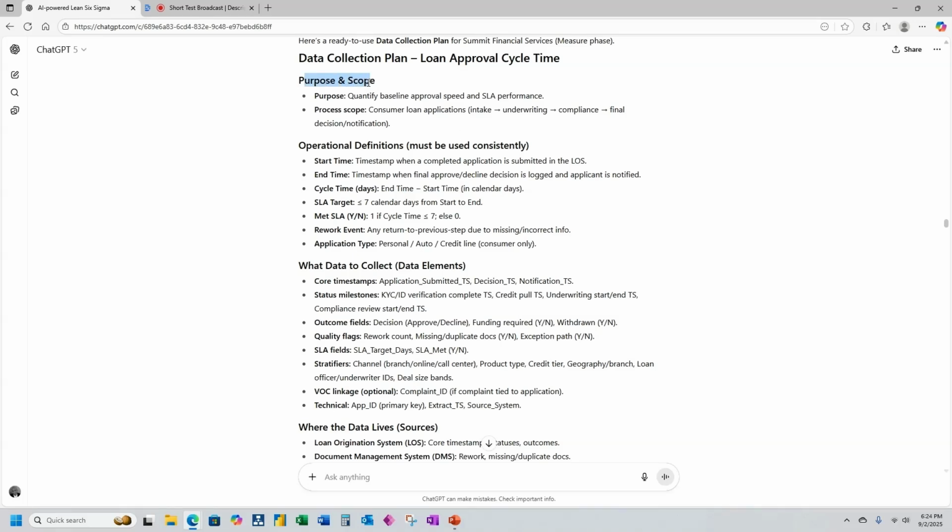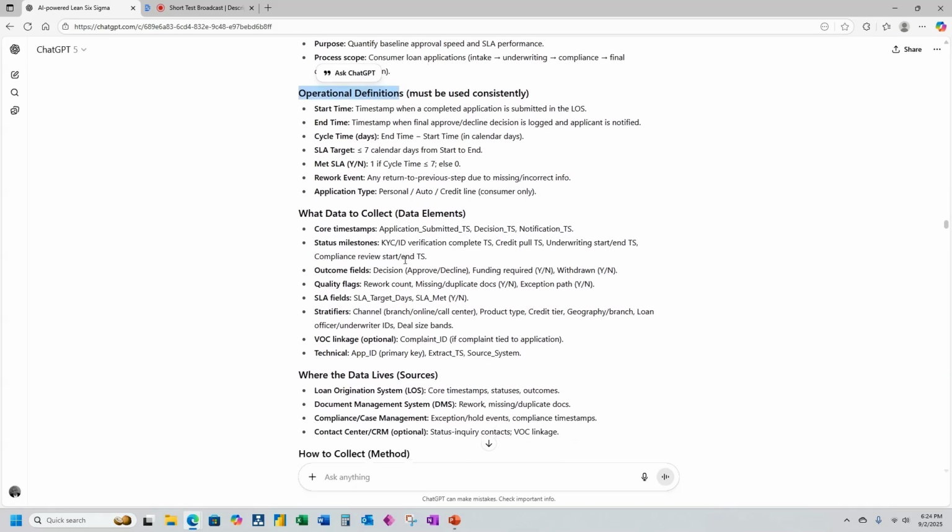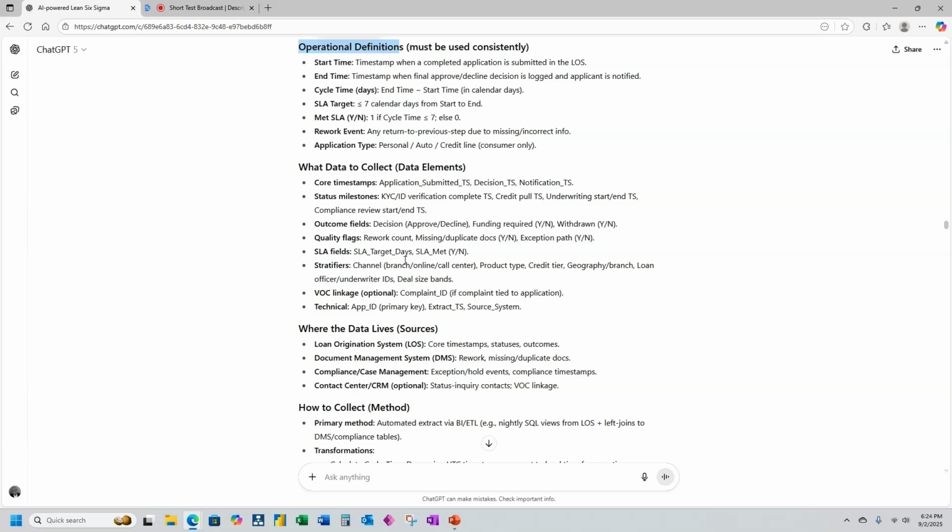We already saw the purpose and scope. We already saw the operational definitions. But these are additional elements that it provided. It also told us what data to collect. Right here, you can see the data elements that we'll be looking to collect here in our measure phase that were already provided by ChatGPT.